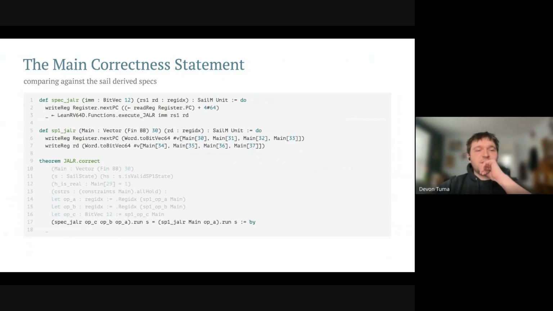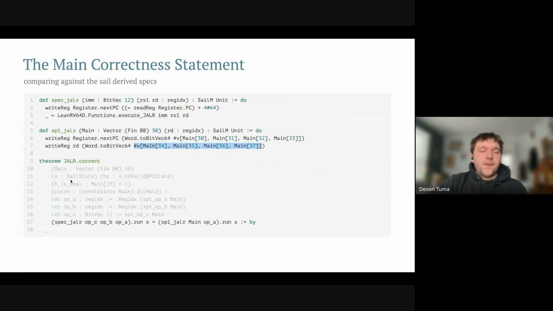The spec one is this actual Lean RV64D function plus a program counter incrementing, whereas the one in SP1 is manually writing specifically these two values. You can see in the Rust code that these are the two values being written. Again, there's some trust here in that these are actually what is meant to be the written values, but it's low risk, and it is also something that can be improved later.